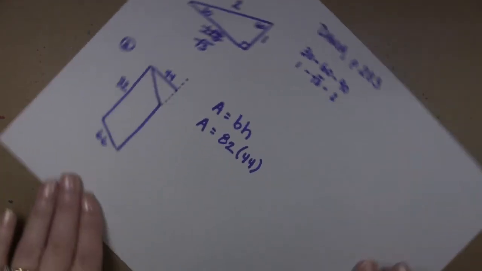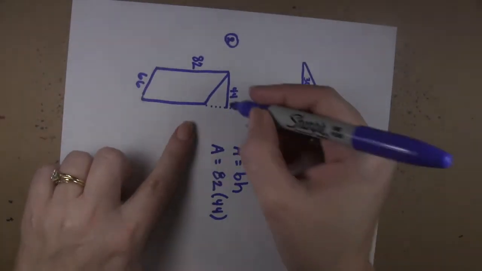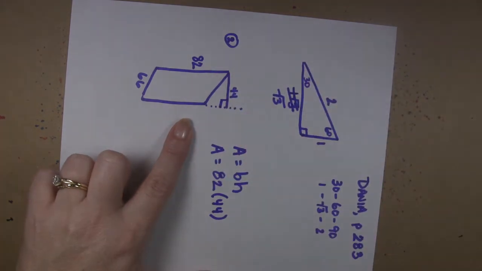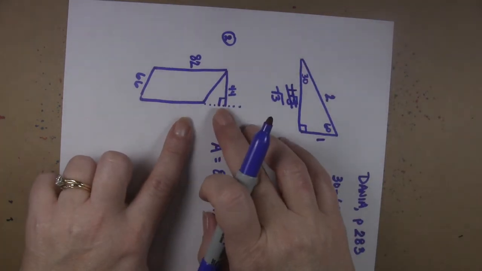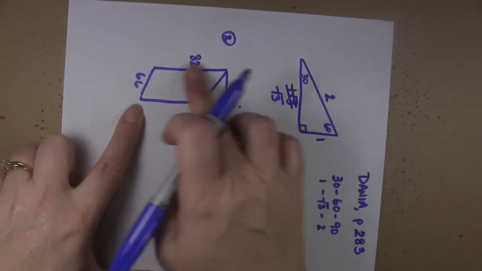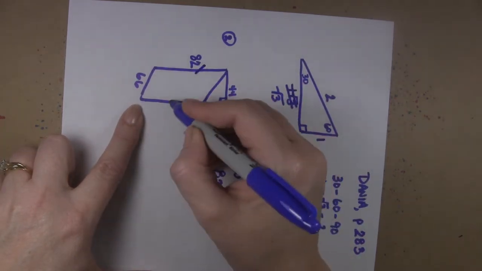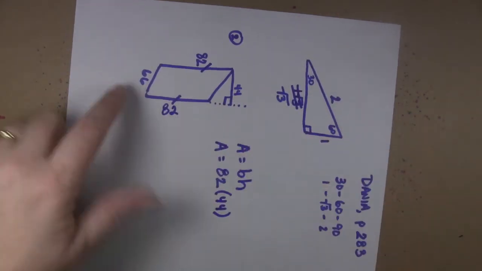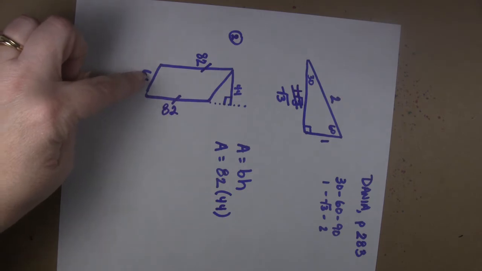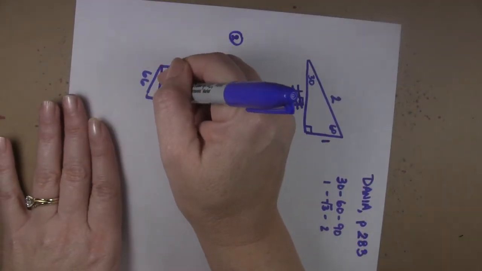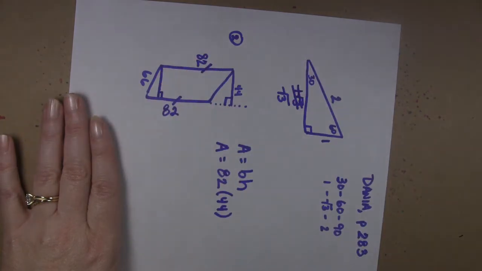Well, here's my hint. Turn it so that your height is always going up and down. Okay? So you can see that right triangle there, and so you know that that's your up-down. Because this is a parallelogram, we know that this side is going to be congruent to that side. So this side is 82. This is just the side of the width, but it's not the same as the height, because the height here is going to be 44.